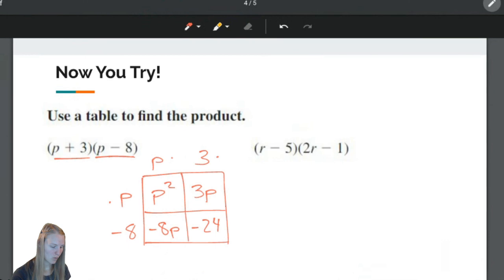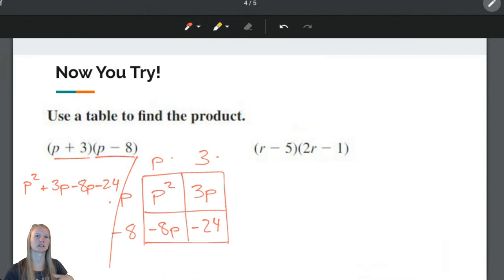Now, we're going to add everything in those boxes together. So we have p squared plus 3p minus 8p minus 24. Oops, ran out of space there just a little bit, but here's the line between the two so that you can see the difference.